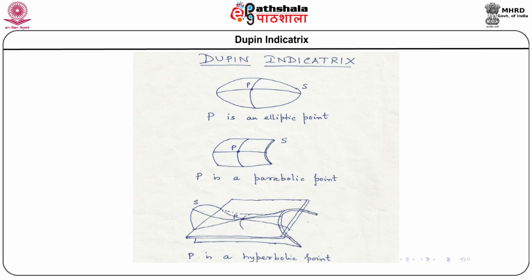Now, in the third figure we see that this surface is a hyperbolic surface and the point P is a hyperbolic point, and here the Dupin indicatrix will be a hyperbola. So, from these three figures we can visualize the Dupin indicatrix.